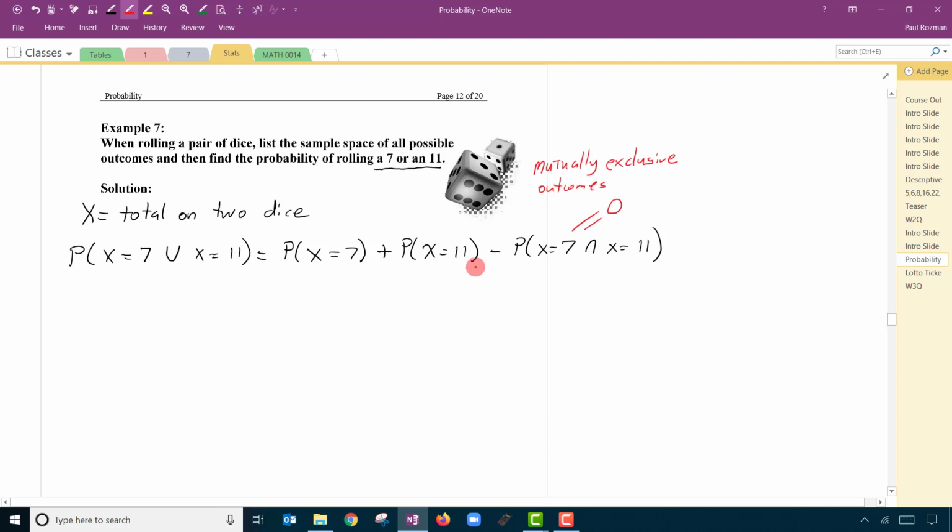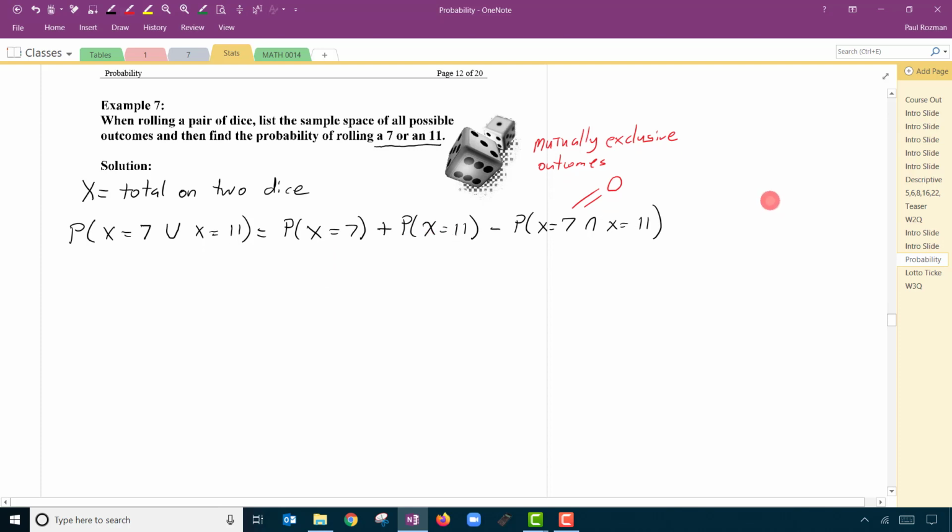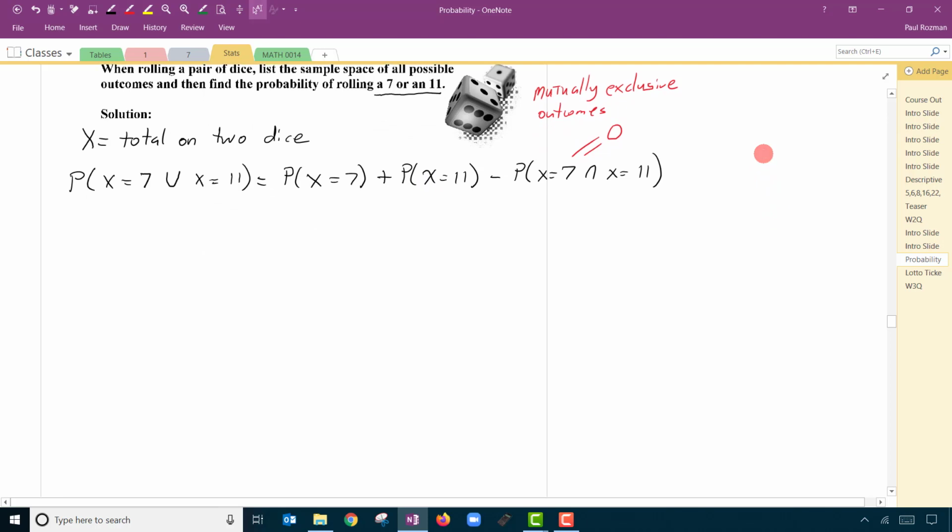So it makes our formula easier. We just need to find the probability of rolling 2 dice and getting a 7, and the probability of rolling 2 dice and getting 11, and then just add them up. That's maybe easier than it sounds.